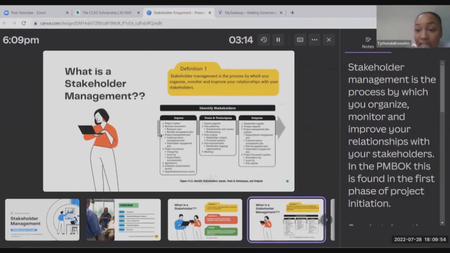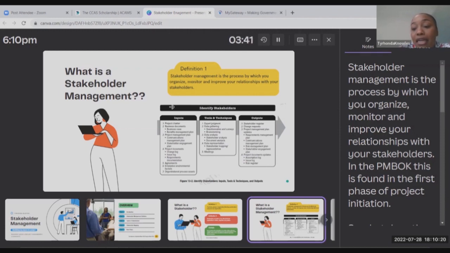So what is stakeholder management, right? So I'll refer to the PMBOK definition. And in the PMBOK, they don't necessarily outline what stakeholder management is. It more so focuses on stakeholder engagement. But stakeholder management is the process in which you organize, monitor, and improve your relationship with your stakeholders.